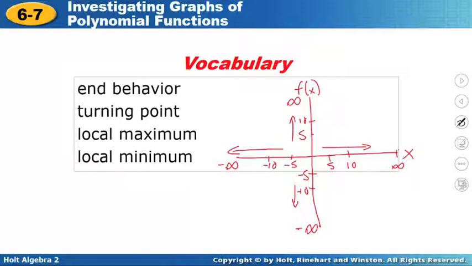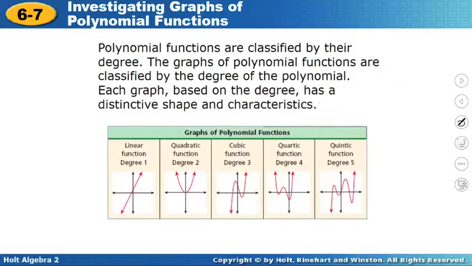So just remember that as you move to the left, it's going towards negative infinity. As you move to the right, it's towards positive. As you move down, it's towards negative infinity. And as you move up, it's towards positive infinity. Okay, so we're going to be using that as the main thing that we're going to discuss in this video, the notation and how to specifically write left, up, down, and right.